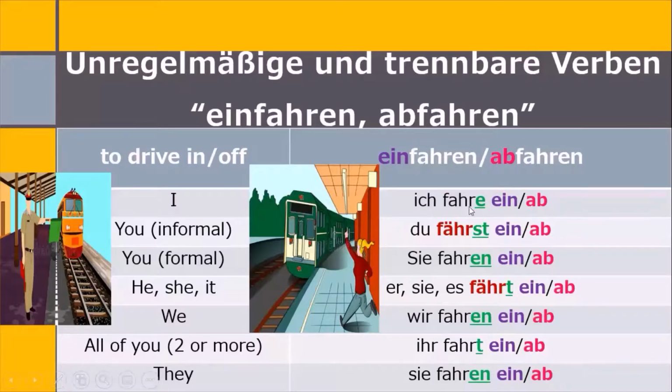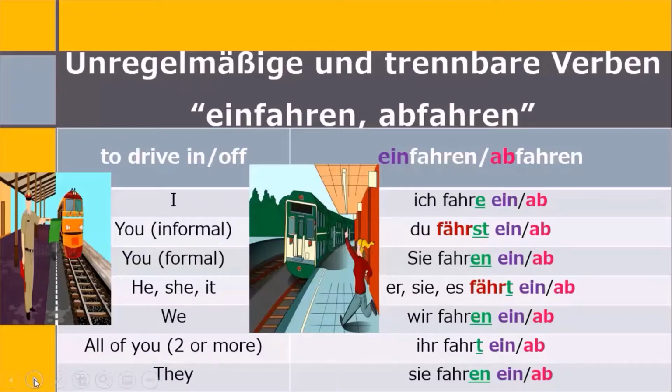Ich fahre ein or ich fahre ab. Du fährst ein or ab. Sie fahren ein or ab. Er, sie, es fährt ein or ab. Wir fahren ein or ab. Ihr fahrt ein or ab. Sie fahren ein or ab.